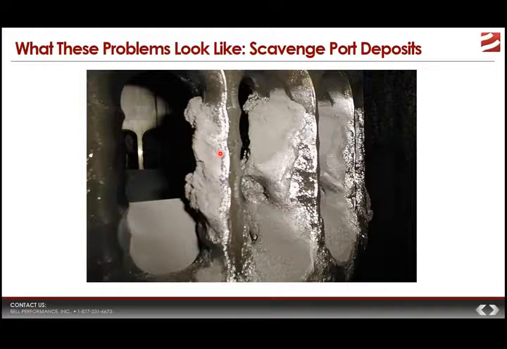So it leaves via the scavenge port. Well, if that has, let's say, excessive sulfur or other kinds of constituents in it, which again came from the fuel, if you remember, if it's problematic in its makeup, then over time you can get these kinds of scavenge port deposits. So what are the options for addressing these kinds of combustion problems?